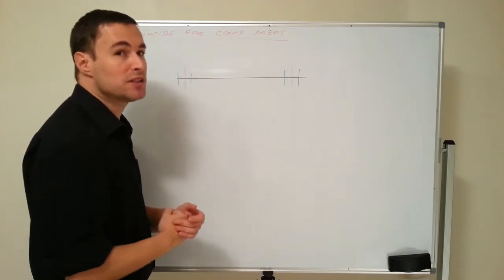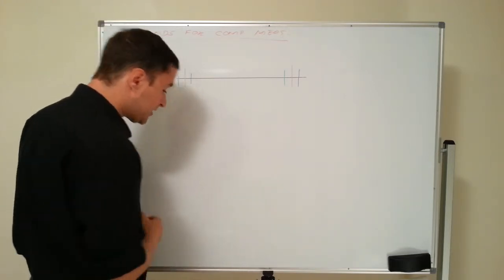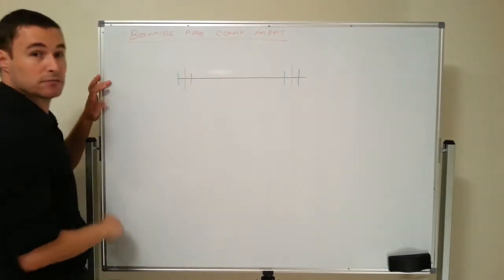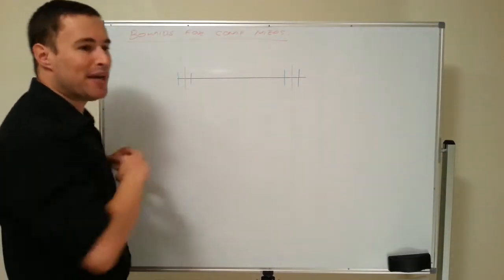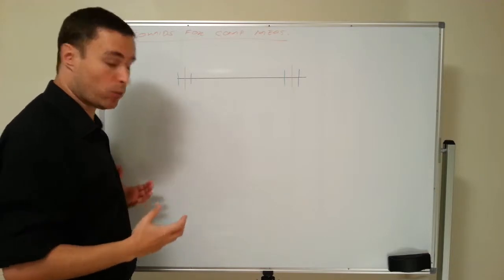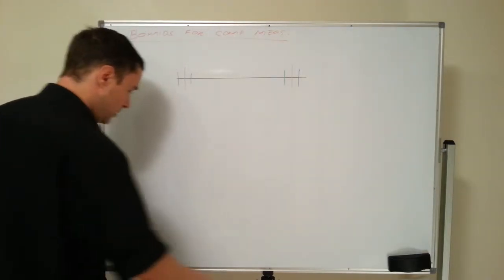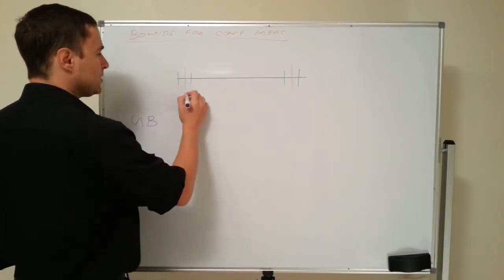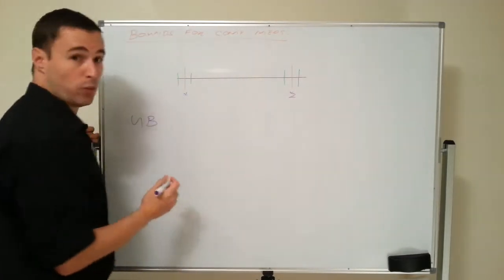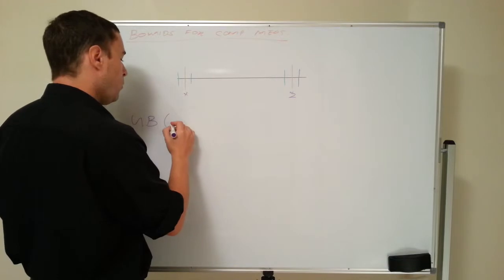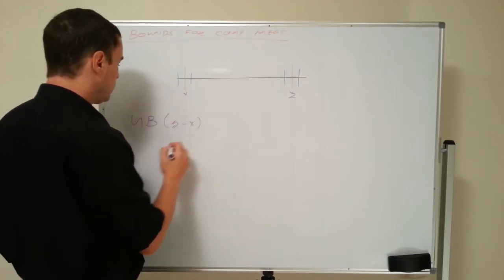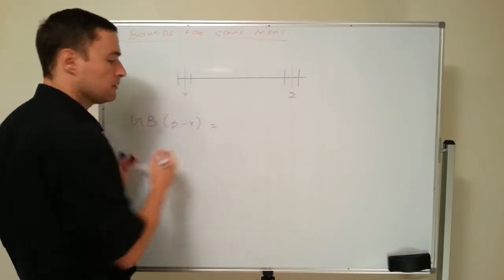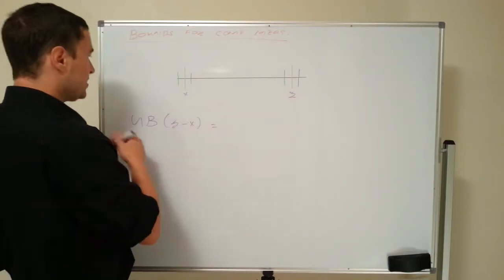The tricky part comes with subtraction. If I want the distance from there to there minus this distance, what's the biggest mistake I could have? What's the upper bound of the subtraction? Let's call this x and let's call this y. What would be the upper bound of y minus x? How could I make this as big as possible?